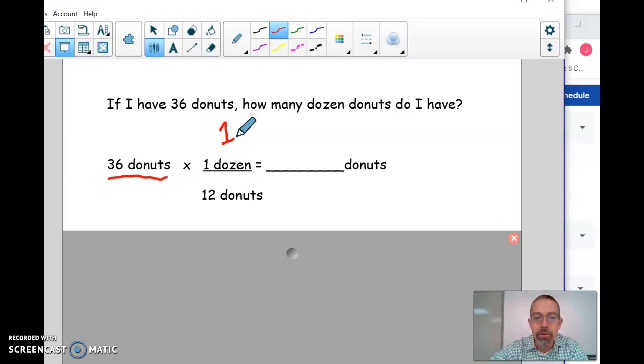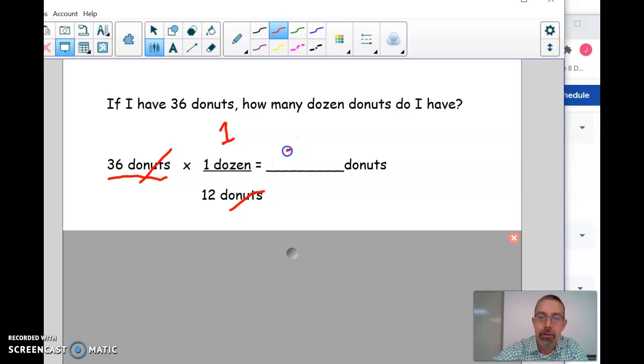So we are always going to put the unit we're trying to get rid of on the opposite side of the fraction. Here I've got donuts in the numerator, so I'm going to put donuts in the denominator. I could reverse this and say 12 donuts over 1 dozen, exactly the same thing, but whatever I'm trying to get rid of, I put on the opposite side. So here I've got 36 donuts, 12 donuts. A donut divided by a donut, those cross off.